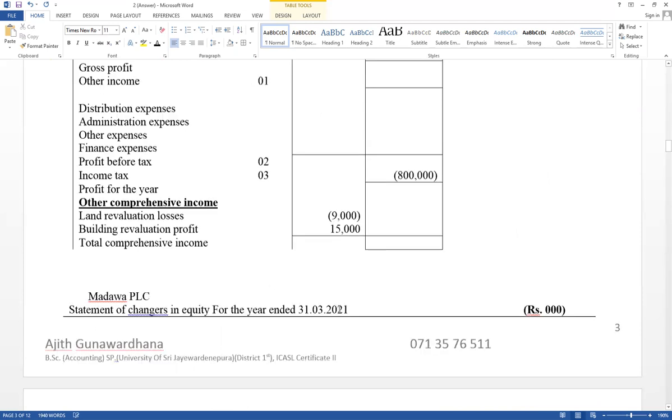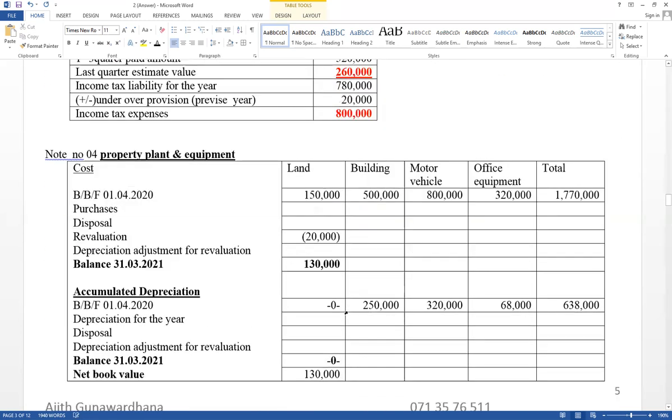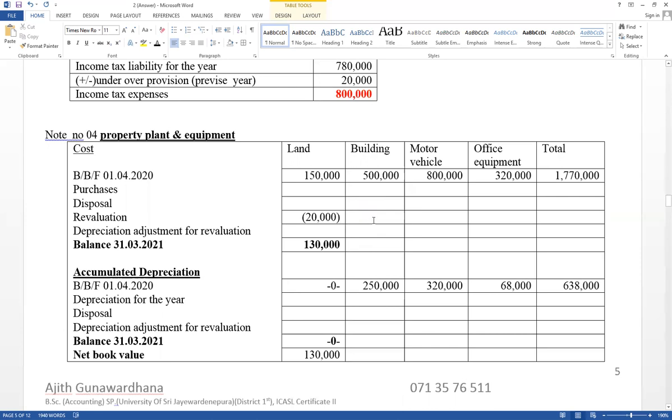1 mark here. Now let's think about note number 4, the PPE schedule. Revaluation profit 15,000 here plus, and annual depreciation also calculated equal 50,000 here plus, and total depreciation 300,000 as a depreciation adjustment for revaluation here deducted.